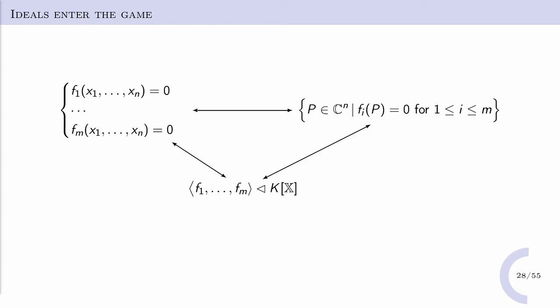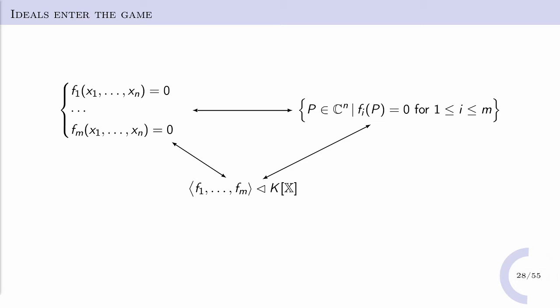So the set of polynomials that vanish at P is closed under addition. On the other hand, if we take a polynomial that vanishes at P and we take any other polynomial, then if we multiply them, so let's say f of P is 0 and g of P is whatever, then f times g is 0 times anything, and 0 times anything is 0.